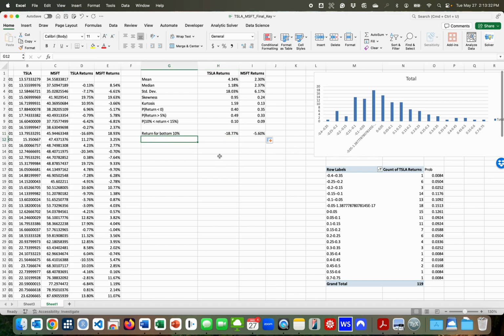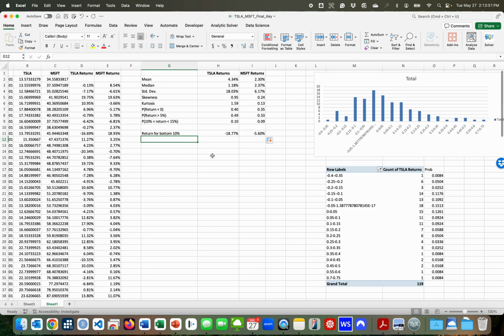We can also find the return that represents the top 10%. So if we want to know what is the return that satisfies the top 10%, another way of saying that is we want the return such that we observe something smaller than that 90% of the time.